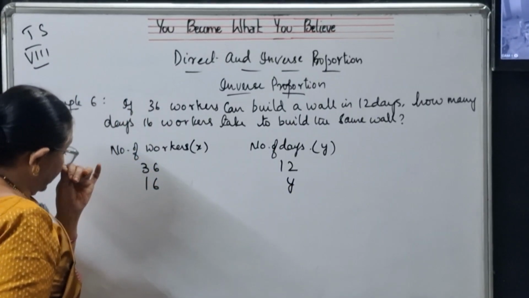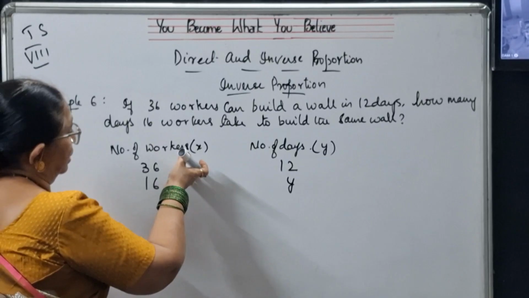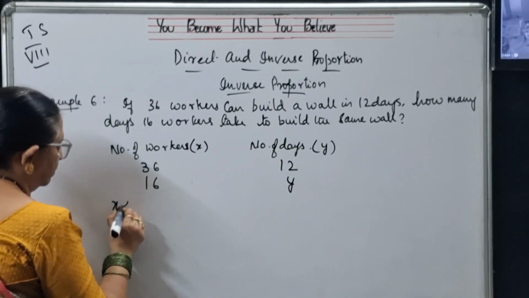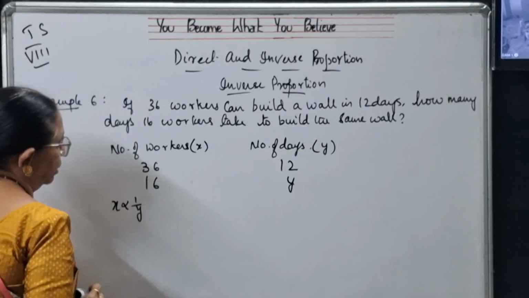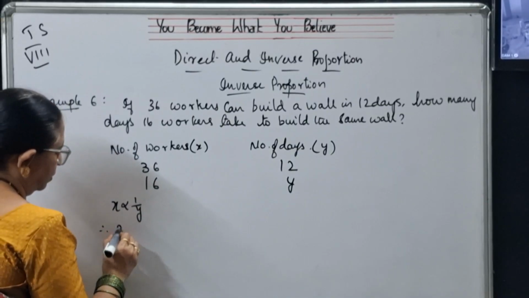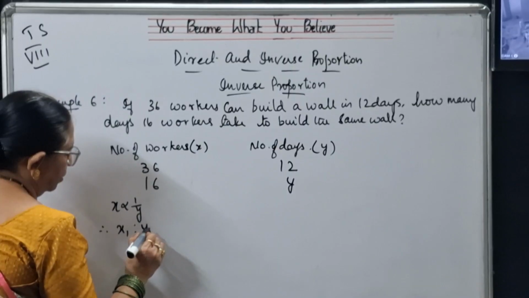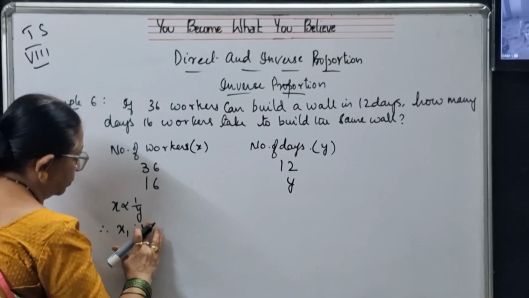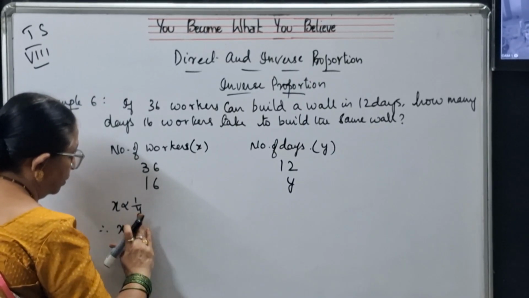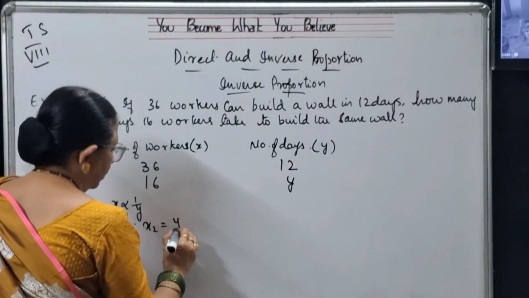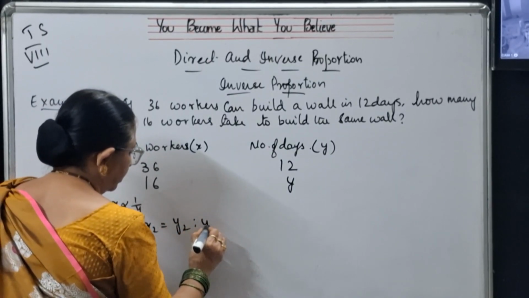So we know pretty well that when the number of workers increases, definitely days will decrease. x is inversely proportional to y. That means x1 is to x2 is equal to y2 is to y1.